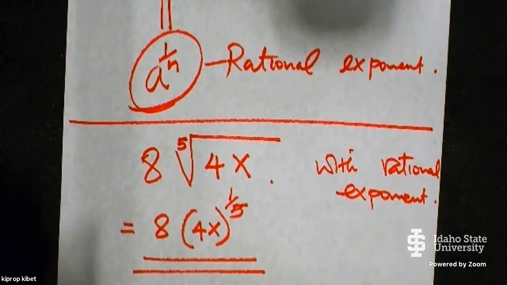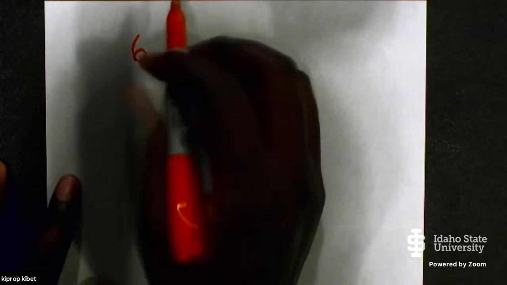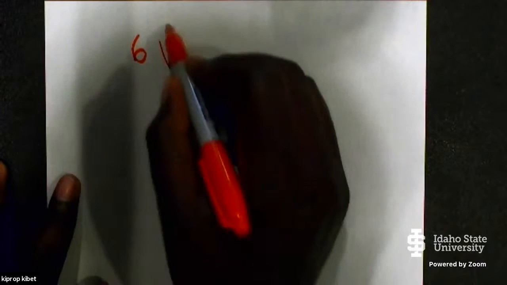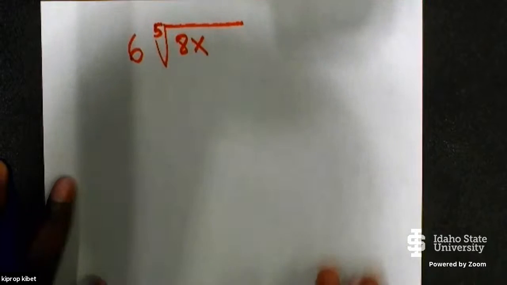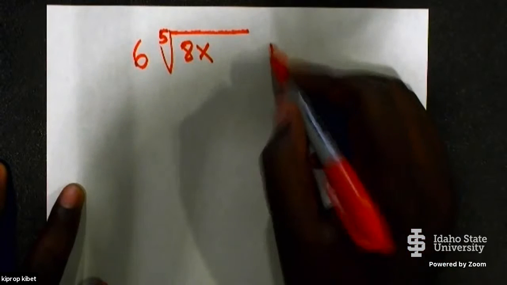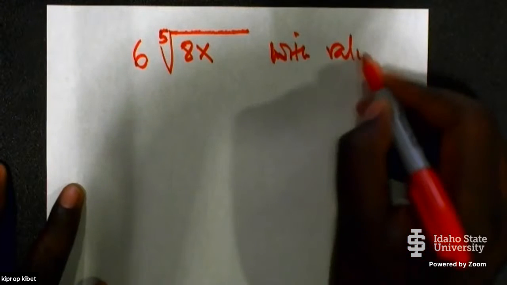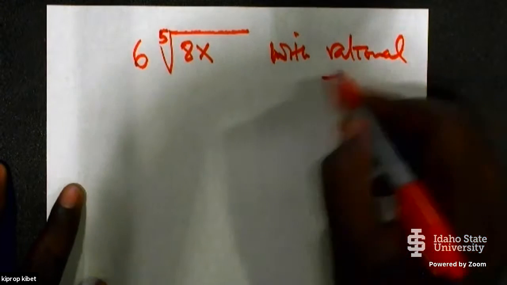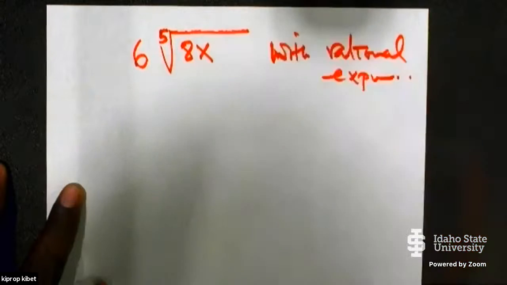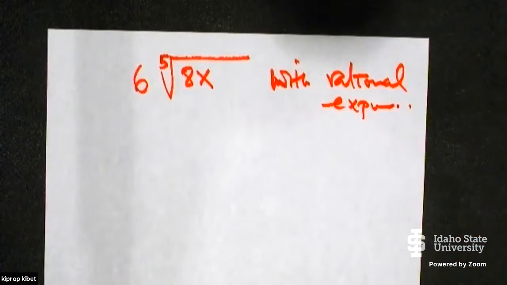Another example, write 6 and then the 5th root of 8x with rational exponent.